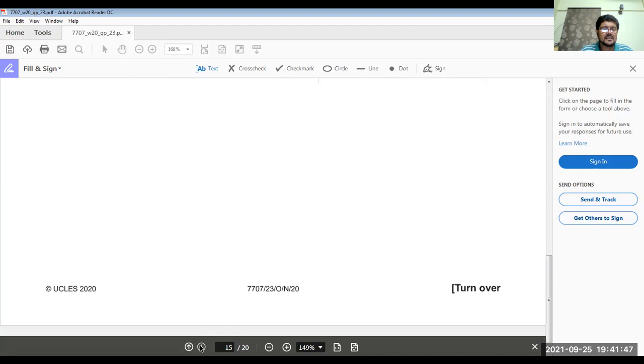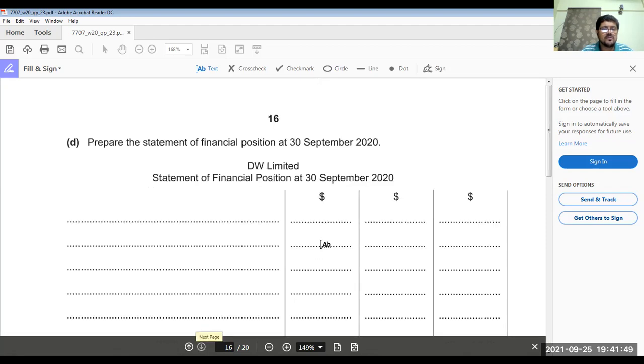Okay. Move on. What we have to prepare over here? Balance sheet. Okay. Now balance sheet. First heading, non-current assets.